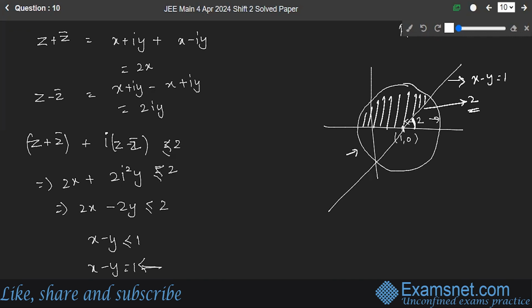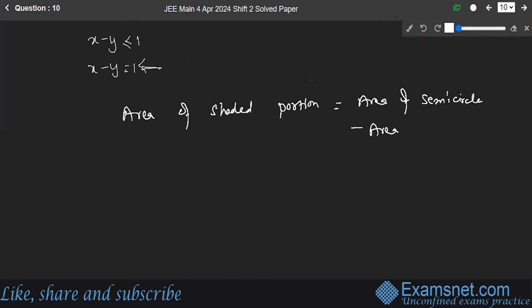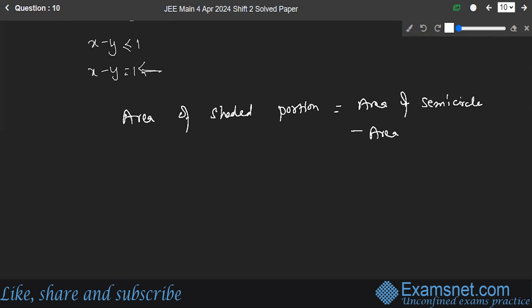From here you have y is equal to x minus 1. So here the slope is equal to 1. Slope is equal to 1. So that means tan theta is equal to 1. So this means theta is equal to 45 degrees. So this angle is equal to 45 degrees. Correct?